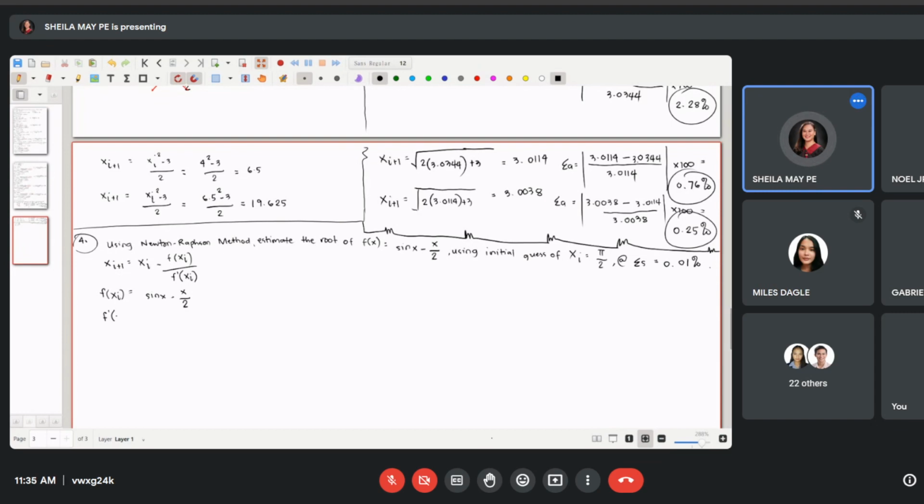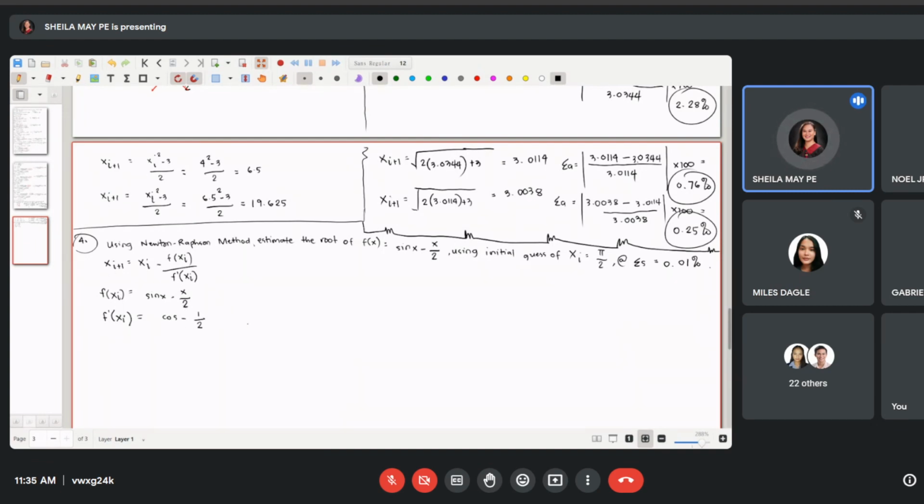Now for the derivative, that's cosine x minus 1 minus 2... The derivative of x is 1. 1 times 1 half, that's 1 half.